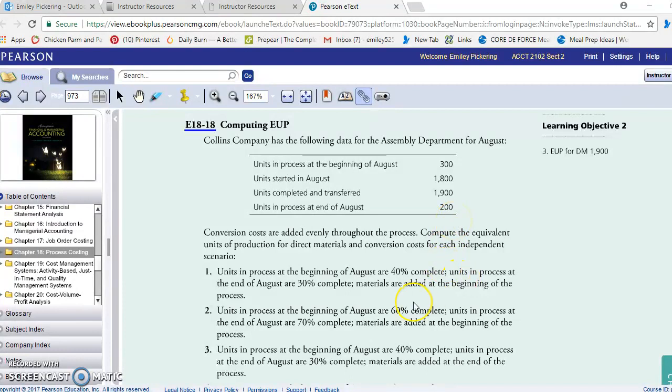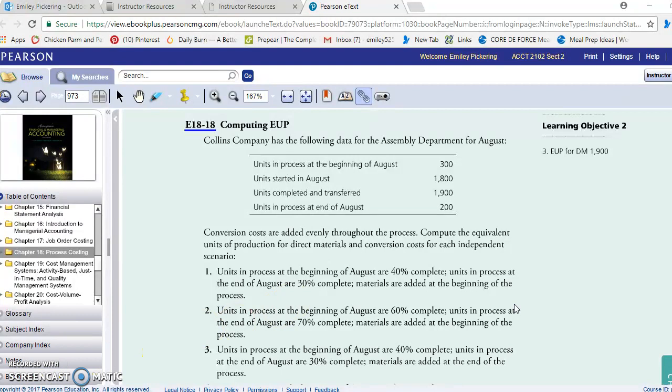When we're looking at conversion costs, again, we had 1,900 completed and transferred out, so that's 100%. And then in process, we had 200 units, 30% complete, so that's going to be 60 for conversion costs. So your total for direct materials for number one is 2,100, and for conversion costs, 1,960.